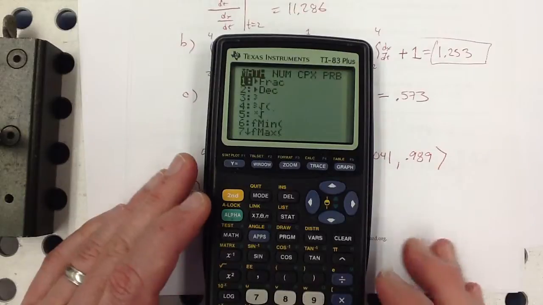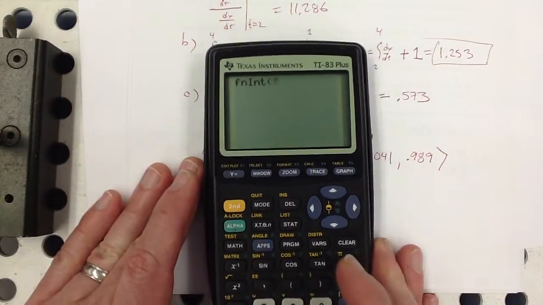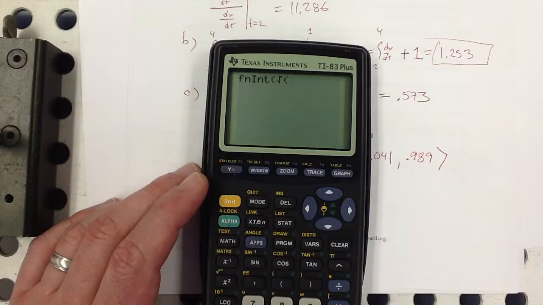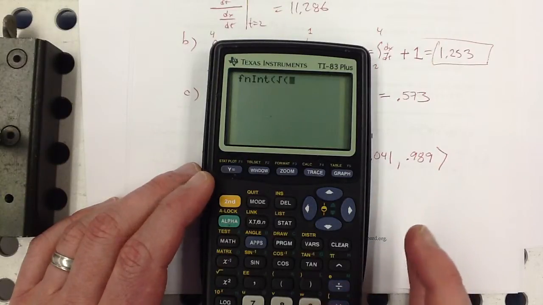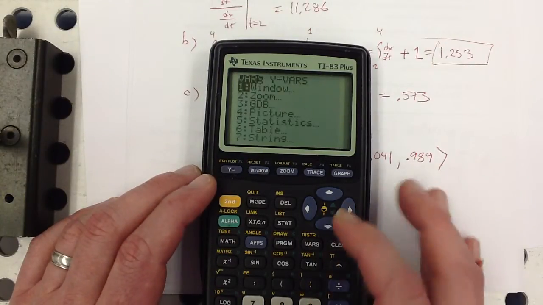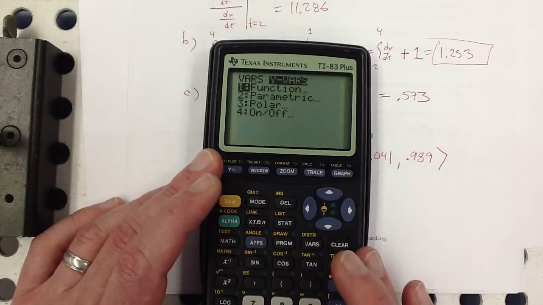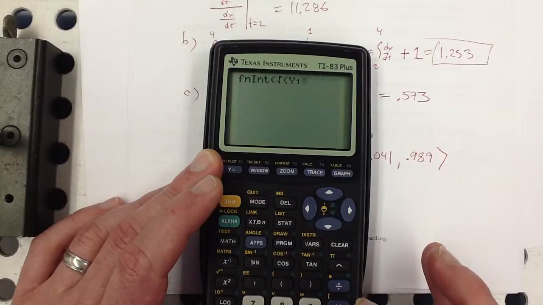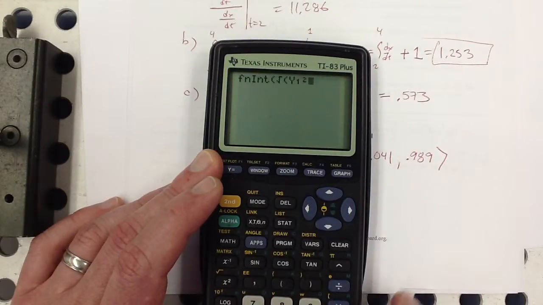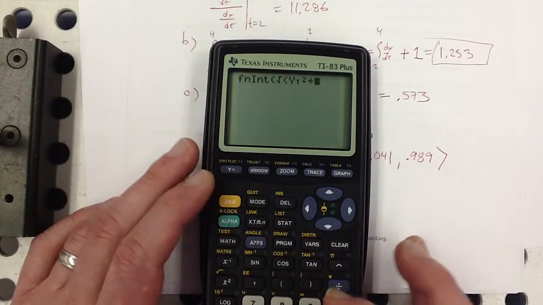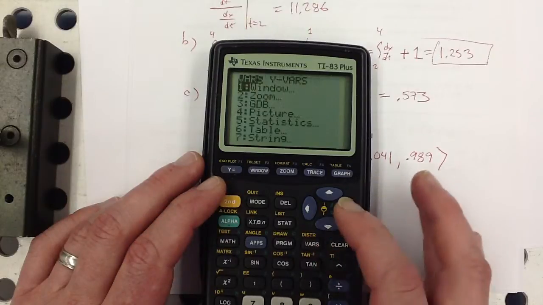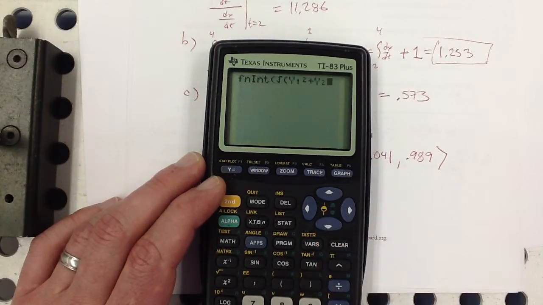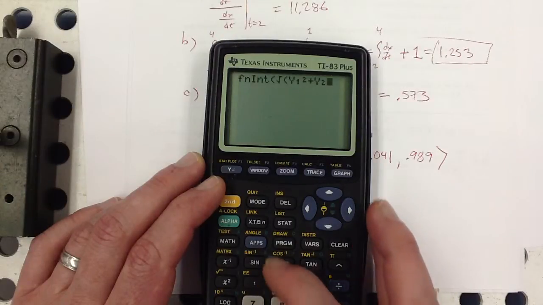So I have math 9. We want the integral, the square root of y1. This is the advantage of entering them in earlier. y1 squared plus y2 squared.